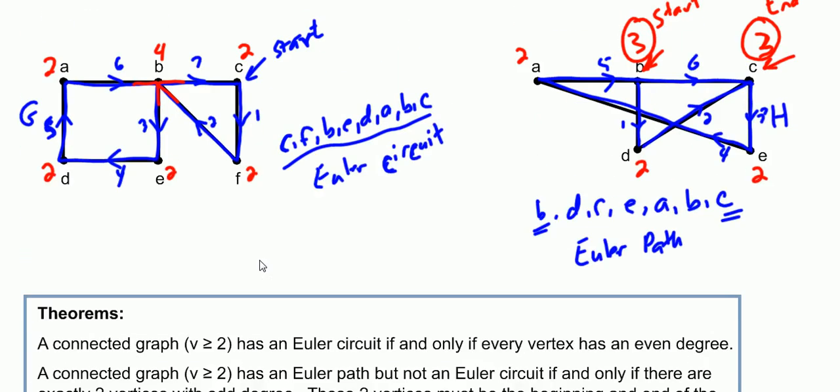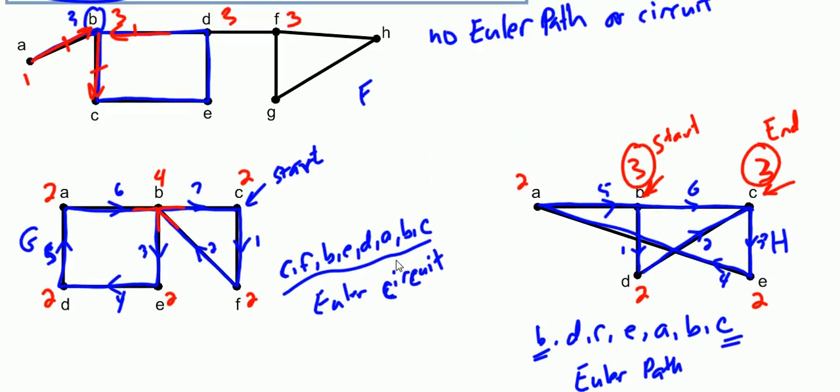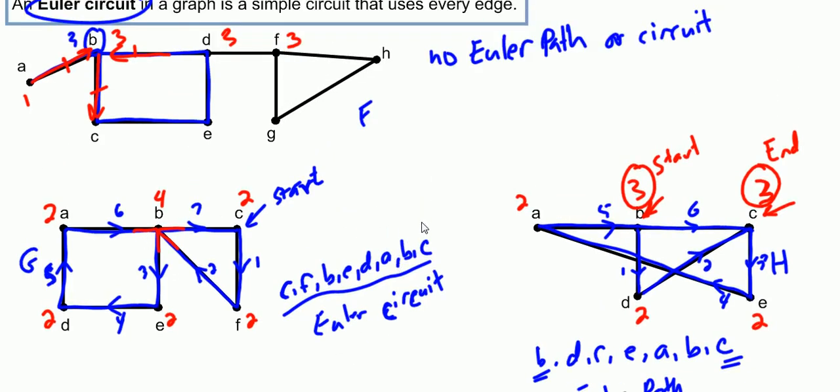Okay? Now, once the graphs get large, it becomes a little bit more tedious to find the Euler circuit, but the general strategy is you could find a circuit and remove it, find another circuit and remove it, and then figure out a way to insert one circuit into the other.